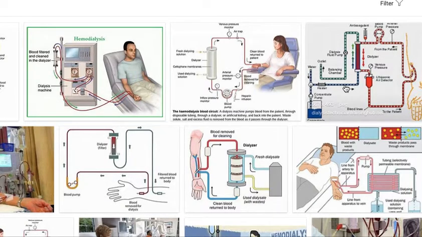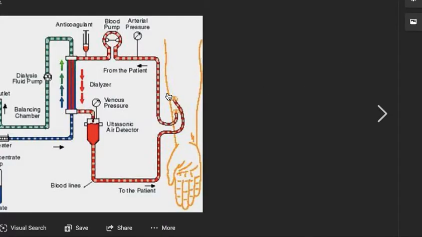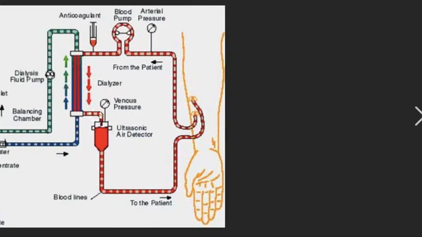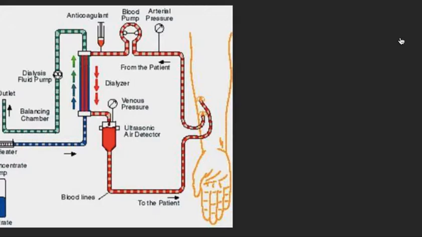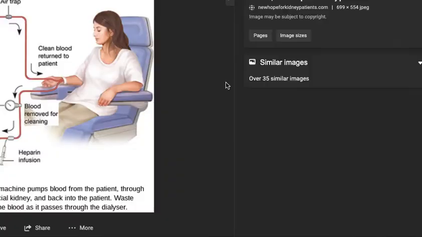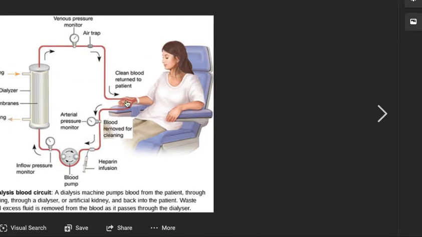So this is the basics. They are showing you the basics over here, how things work. Sorry, yes. So see, the blood is going through here. This one is the arterial pressure monitor, heparin infusion.